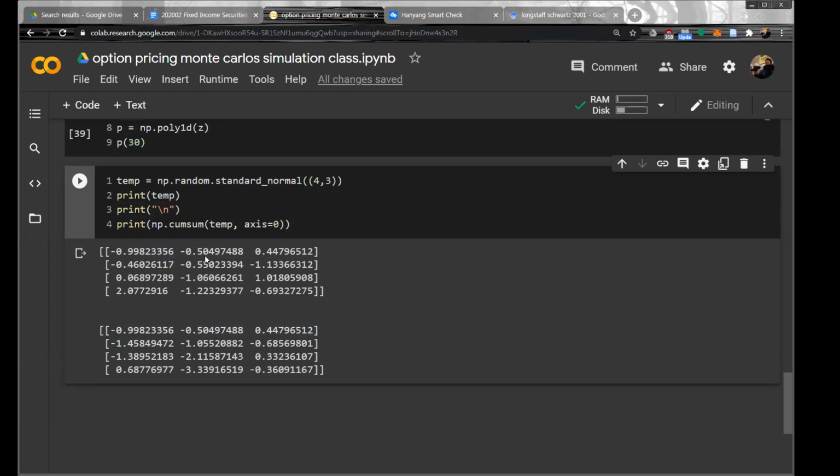So you know the pattern. Basically a cumulative sum over each row. So the third row is the summation of this one plus this one and this one. This one, 0.3, is the summation of this one and this one. So by making axis equal 0, we are adding this way, a cumulative sum.